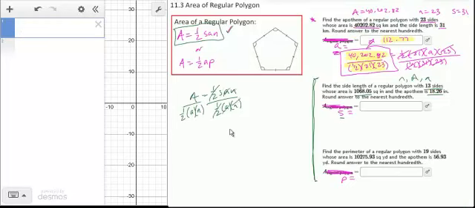And so I can then take that form and substitute in the known values in my answer entry. So my capital A is 1068.05, divide by the 1/2 times my lowercase a, my apothem, 18.26, times my N value, which is 13. And so I could enter that as my calculation.